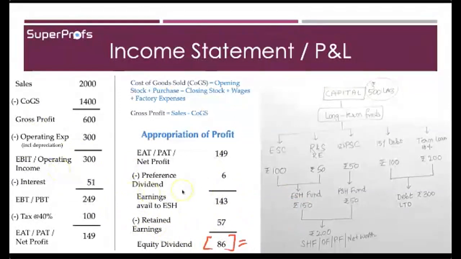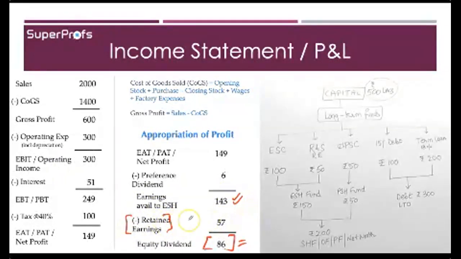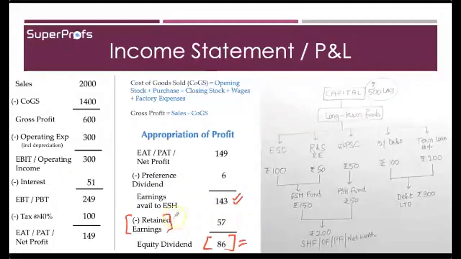Now please note that if the management decides that they do not need any retained earnings, they can give 100% of the earnings available to equity shareholders as equity dividend. If they decide not to keep any of the earnings in the business itself, if they do not keep any money in the reserve and surplus, then the whole of the money goes to the equity shareholder as equity dividend.